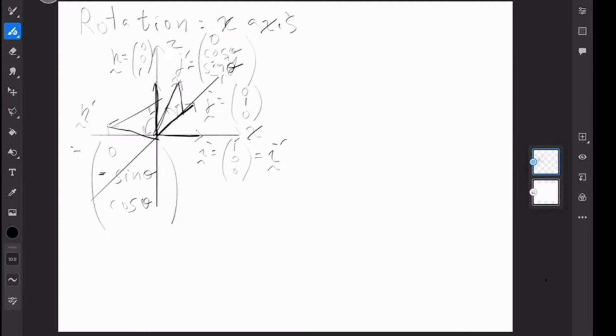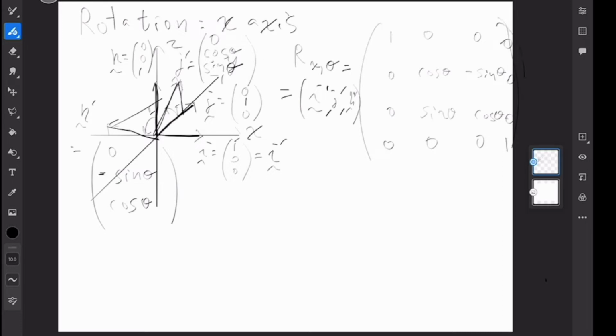So what we do is we say, okay, to rotate around the x-axis by an angle of theta is to stick together the images as columns here, and that is in the x, in the y, in the z, and running out of room here, but also just that one on the end there.